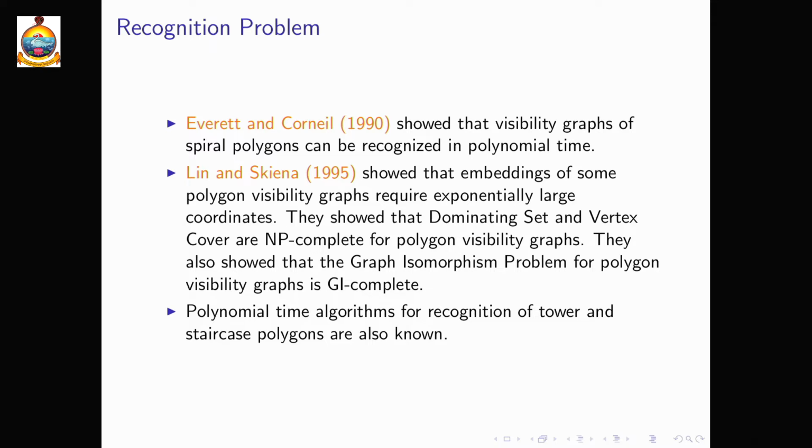For some special simpler families, we can find them out in polynomial time. So there are some very simple kinds of polygons. On a base UV, if you have 2 concave chains, this is called a tower polygon or funnel.